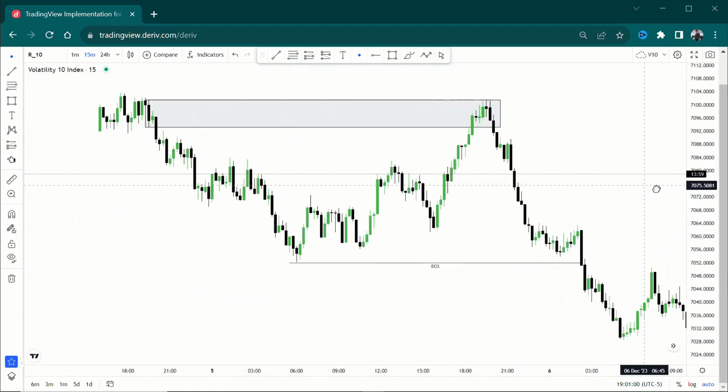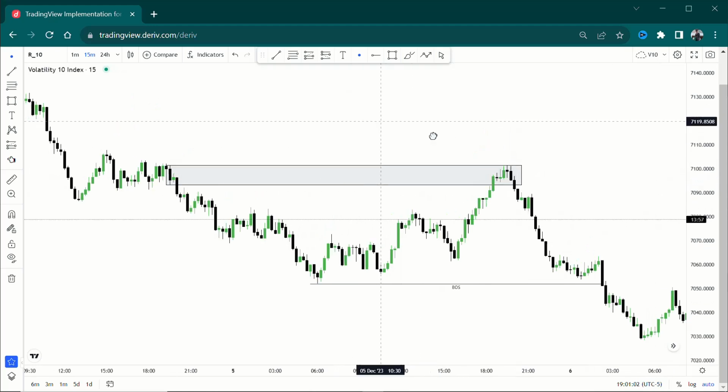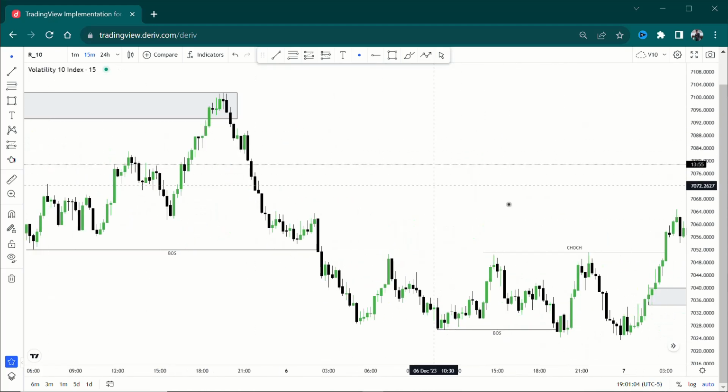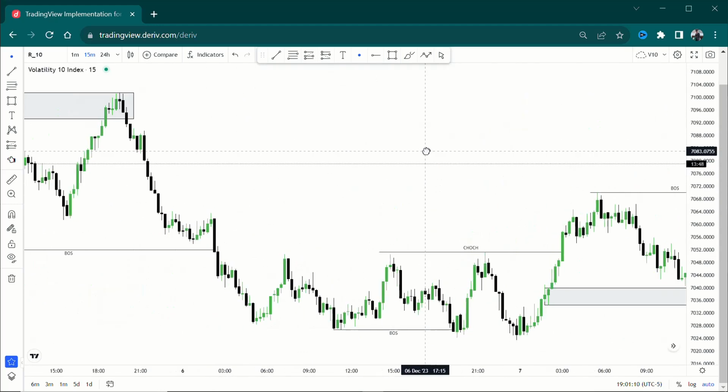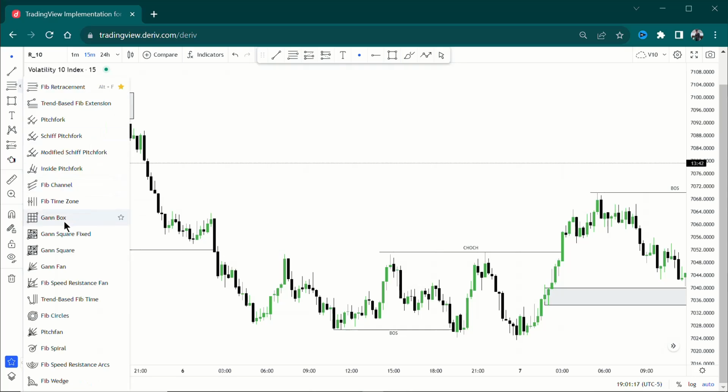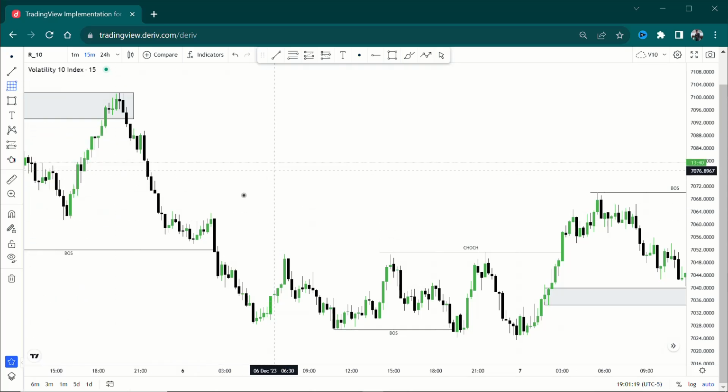So this is how you draw a fib retracement. Another tool that you can use is the Gann box. These things just show 50% of 50%.